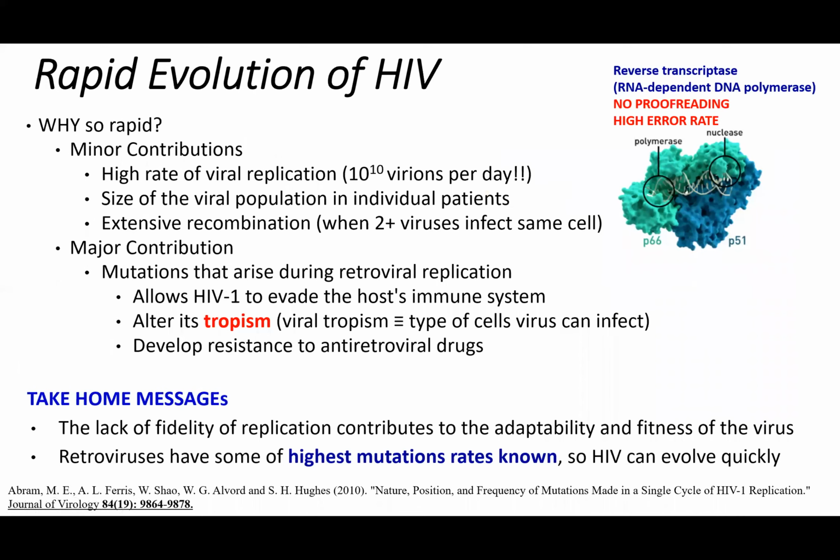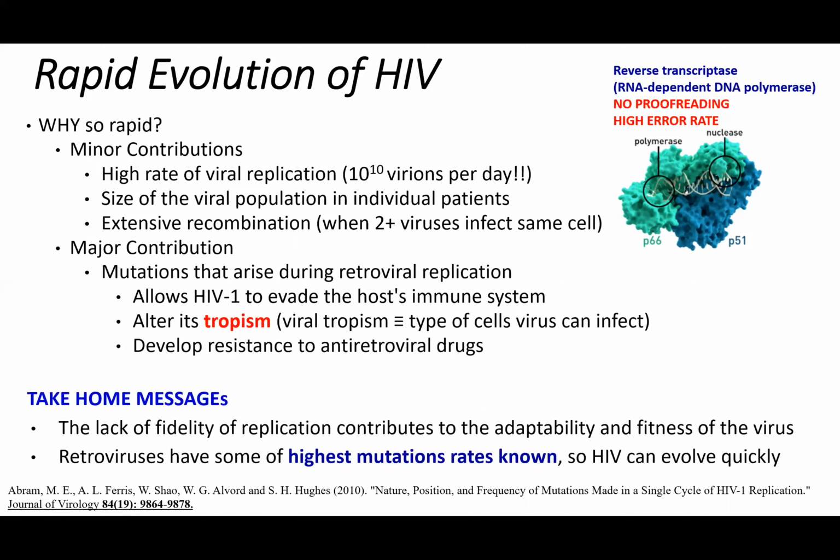And so, just as sort of explanation of how this works, HIV has a few minor contributions in terms of how fast it evolves. It does have a high rate of viral replication. It can produce 10 to the 10 viruses per day, which is much higher than most viruses. Most viruses produce 10 to the 6, 10 to the 7 per day. HIV produces a lot of viruses.